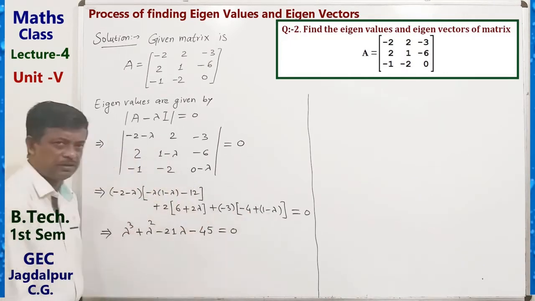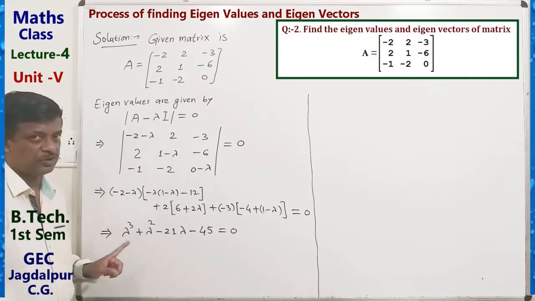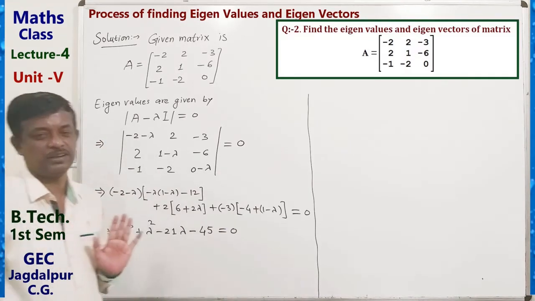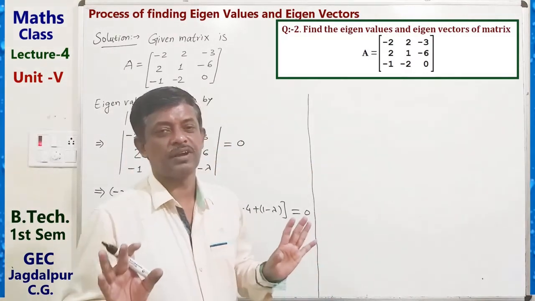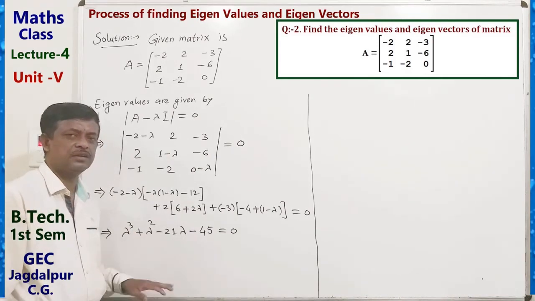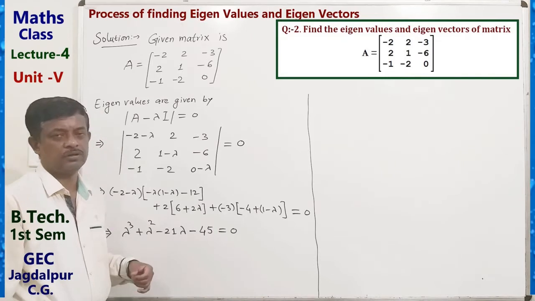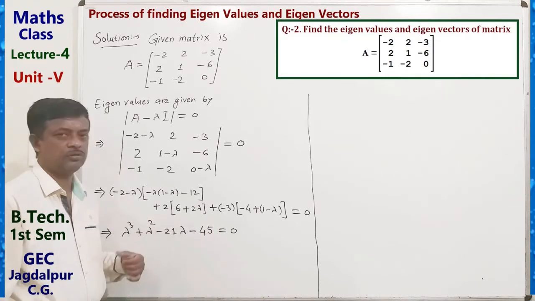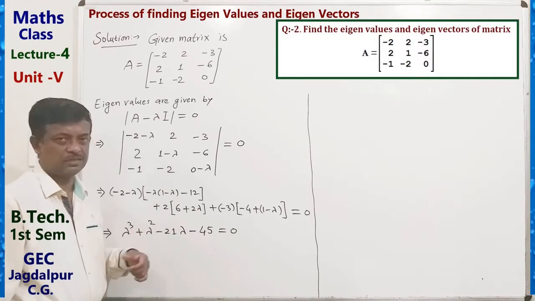Just simplify it, you can get it like this. A cubic equation in lambda. Now solving this cubic equation, what is the method? Just try for getting a zero of this polynomial. That is, put 1, whether 1 satisfies it or not, minus 1, yes or not, 2, yes or no, 3, yes or no, minus 2, minus 3, yes or no.